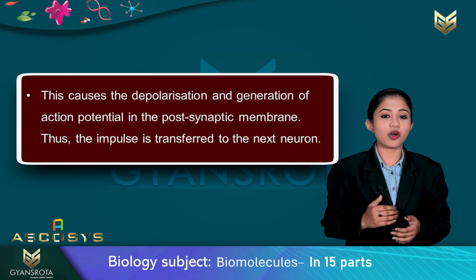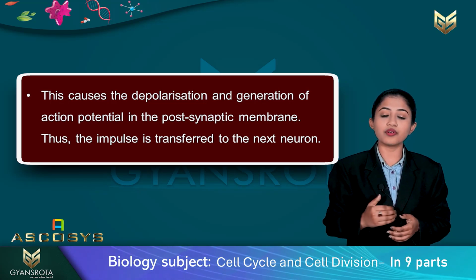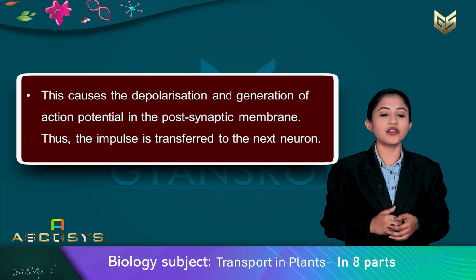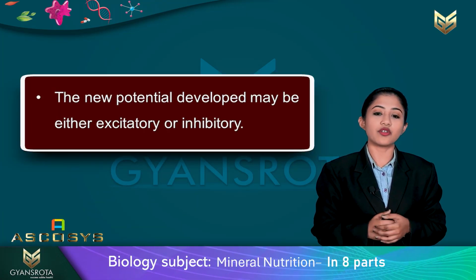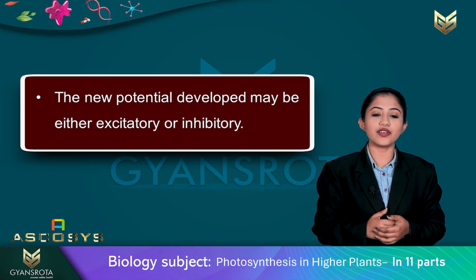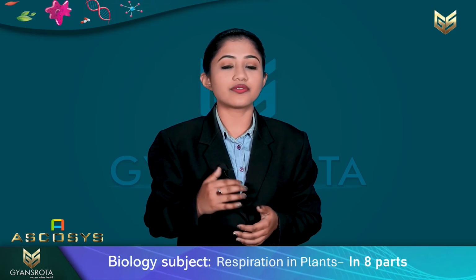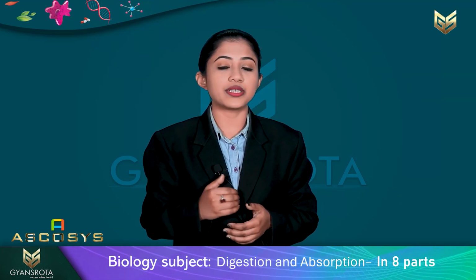This causes depolarization and the generation of an action potential in the postsynaptic neuron, and in this way the impulse is transferred to the next neuron, and the new potential which has been developed may be either excitatory or inhibitory. So I hope you have understood how the transmission of the impulses is carried out. It goes from the presynaptic node to the postsynaptic node with the help of the synaptic cleft.